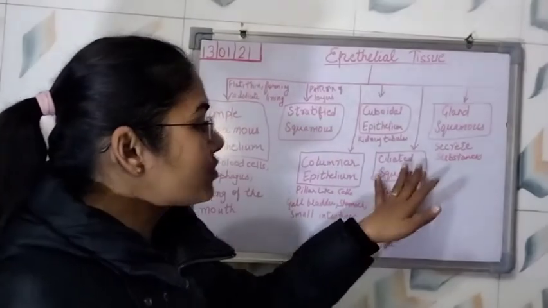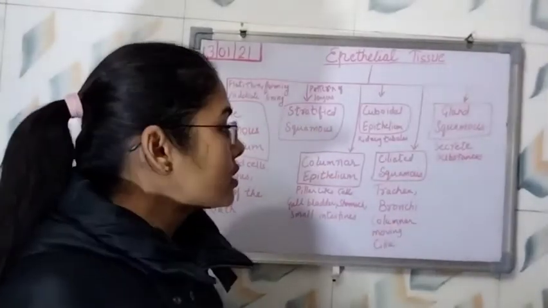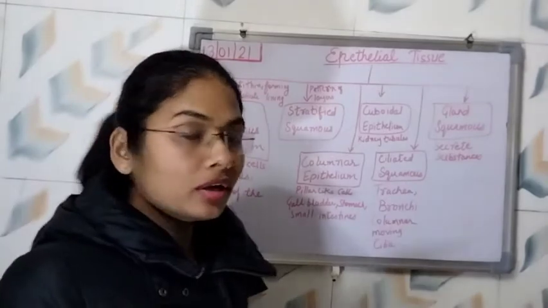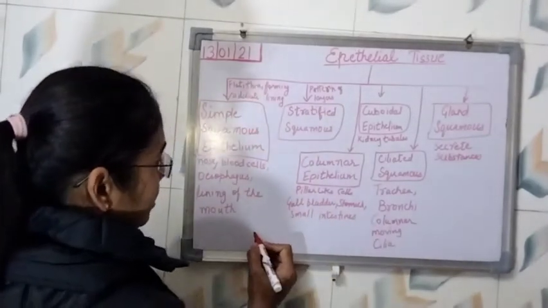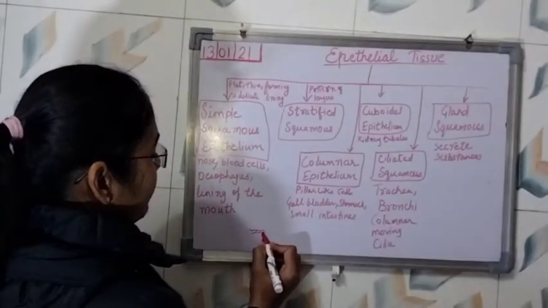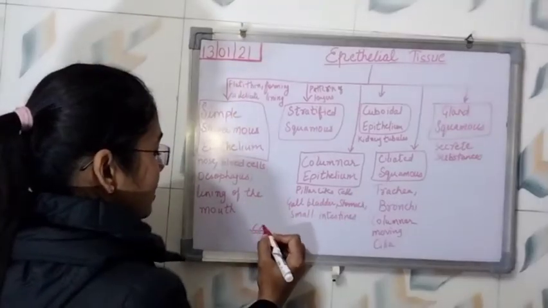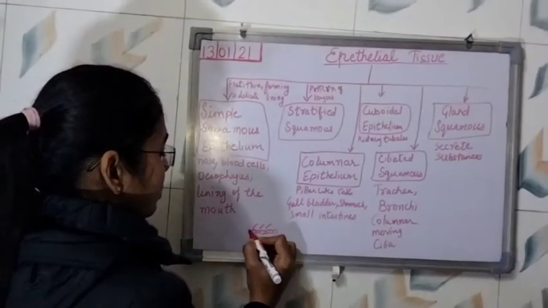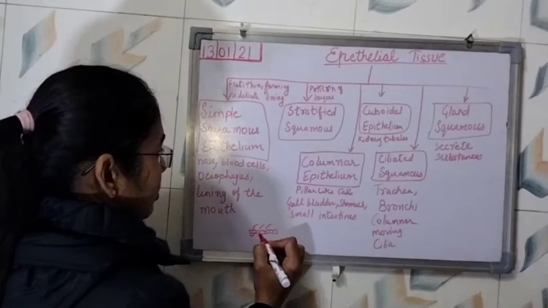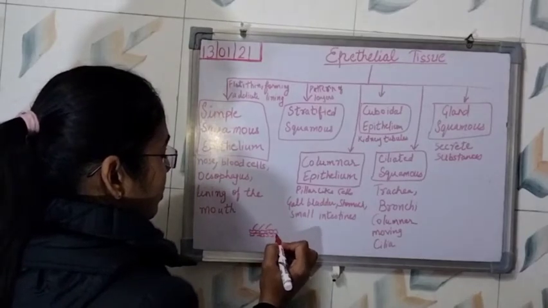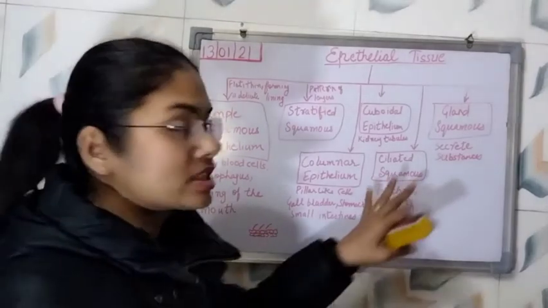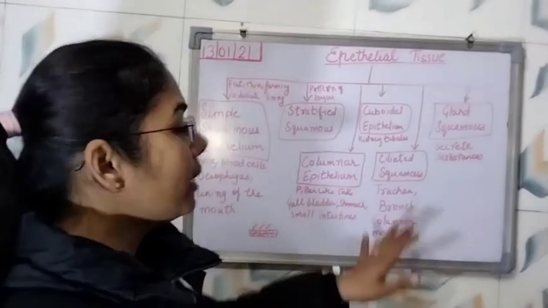The next we have is ciliated squamous. What is ciliated squamous? Cells having hair-like structures like cilia. That is called ciliated, and where are they present?